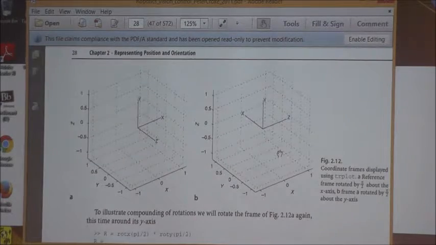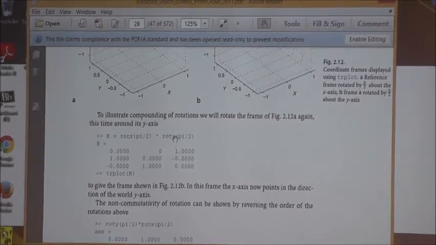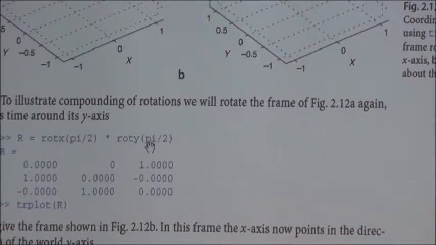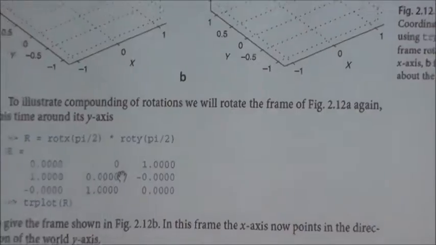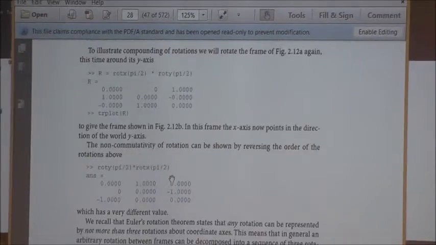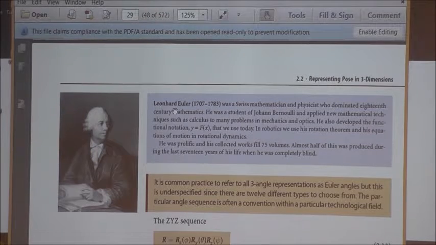So, again, you have this kind of plot. For example, if you want to rotate along the x-axis, pi over 2, you get this R matrix, rotation. And you multiply by a rotation along the y, also at pi over 2, multiply together, you get this. Okay. This is, of course, the history behind Euler.